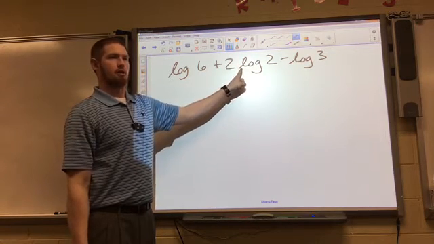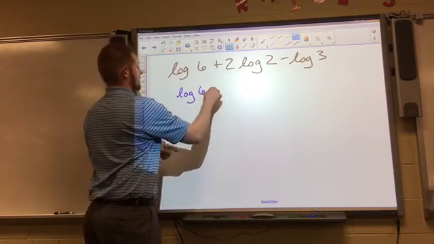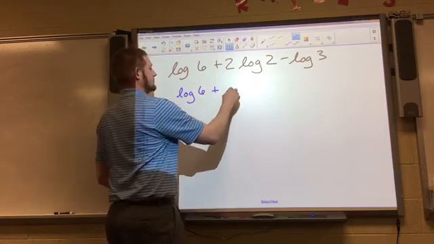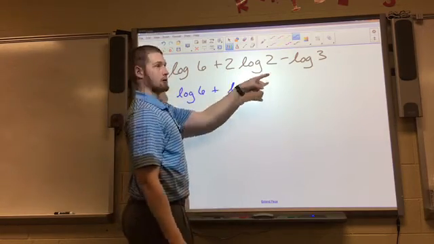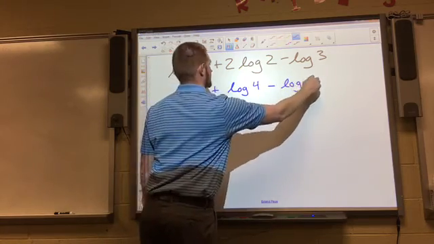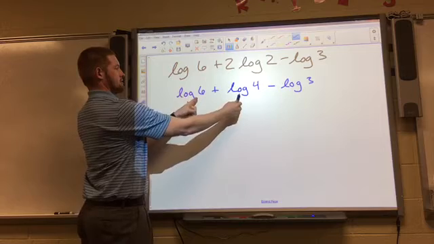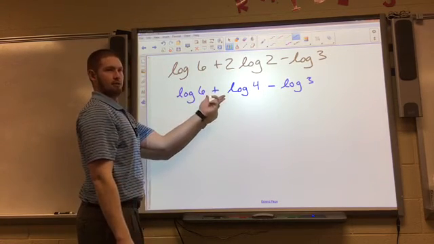It's an exponent, right? So I have the log of 6 plus I actually have the log of 2 squared, which is 4, minus the log of 3. What do these turn into? They're being added together, right?